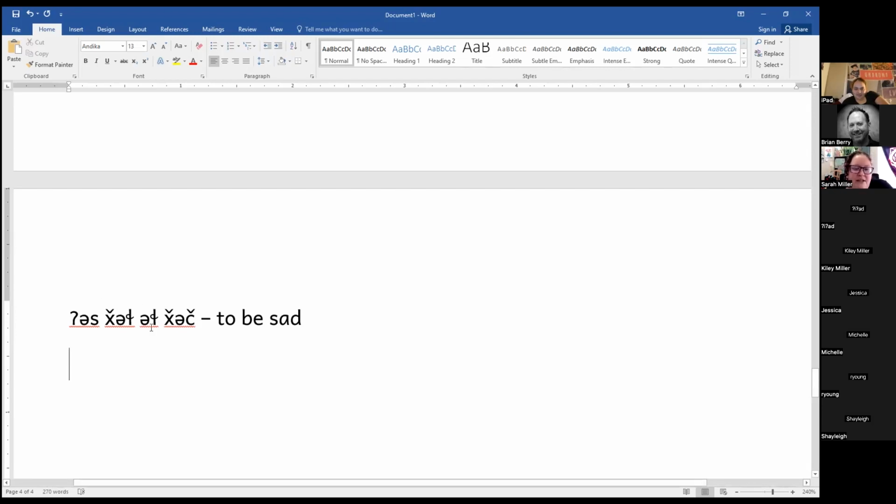And this is an interesting word because we don't have just some random word that means sad. When you break it down, this us is a state of being, and it refers to an emotion. This chach is a word that means sick.